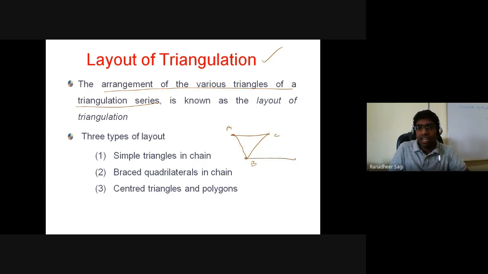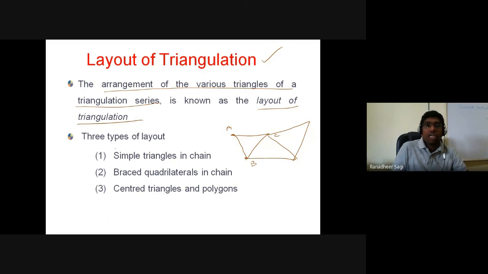Now another triangulation network, and another. How should I represent that? One triangle connected to the other triangle, another triangle, and so on. That arrangement of various triangles of a triangulation series, how we arrange them in that network of triangles, is what we call the layout of triangulation.